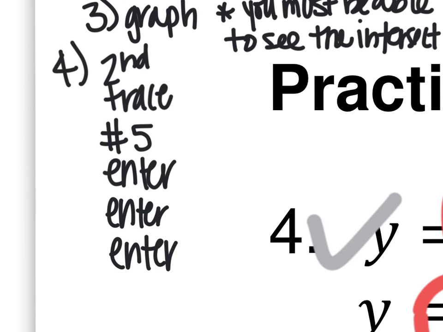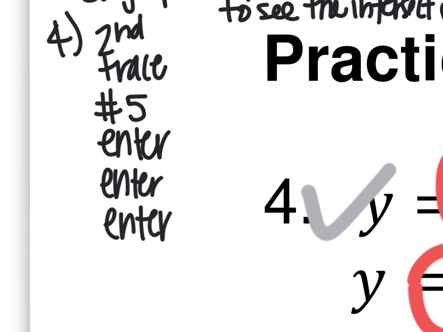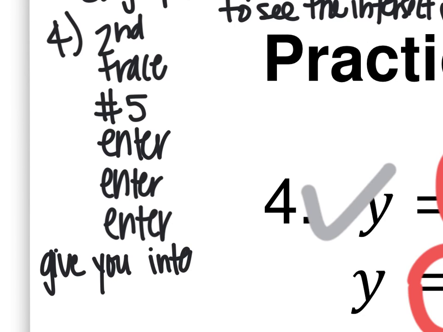If you do all of these things, second, trace, number 5, enter, enter, enter, your calculator is going to give you your solution. It will give you the intersection, so you don't have to worry about graphing them by hand.